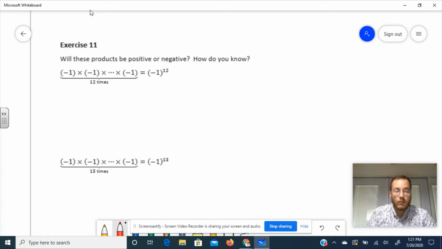I have -1 to the 12th power. And what that means is I have -1 times -1, a total of 12 times. So that means I multiply this out. Now I'm not going to do any math here. I'm going to give you a shorter example. 12 is a positive exponent. So let's do it with a smaller positive exponent.